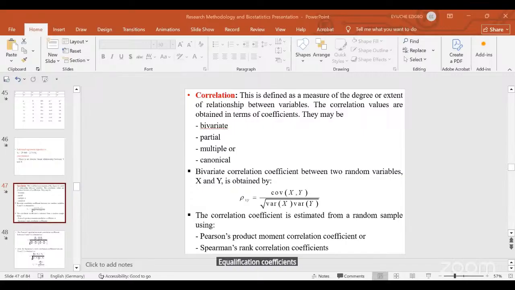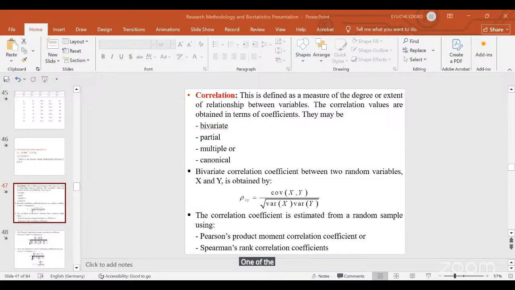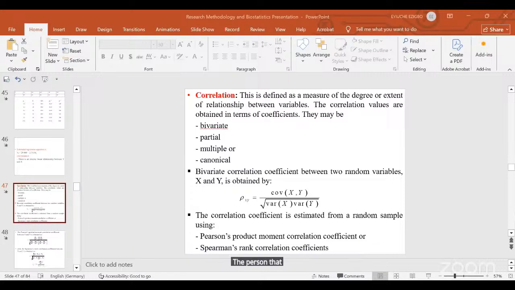We still have one more person that did a work on correlation, but we are not going to discuss that. There was one of the mathematicians in the past that goes by the name Tau, T-A-U. In fact, he was not the only person that did the work. The person that did the work was actually Kendall, a mathematician, and it is called Kendall's Tau.